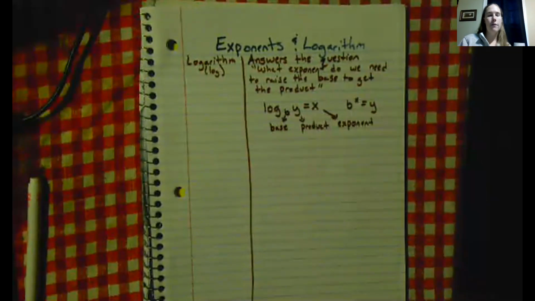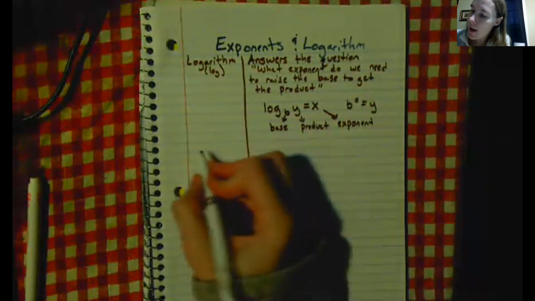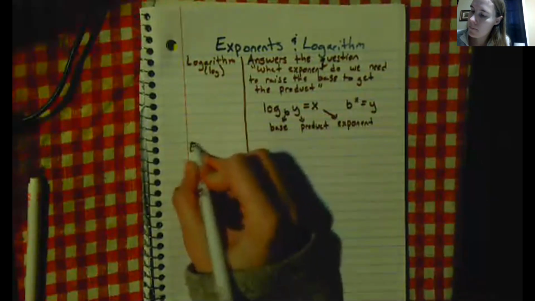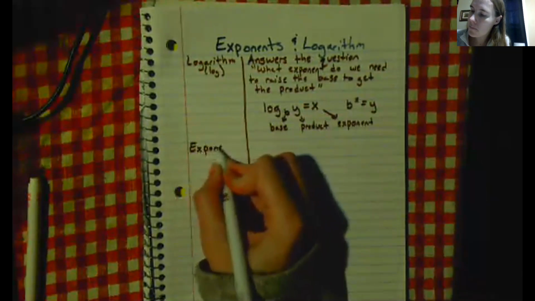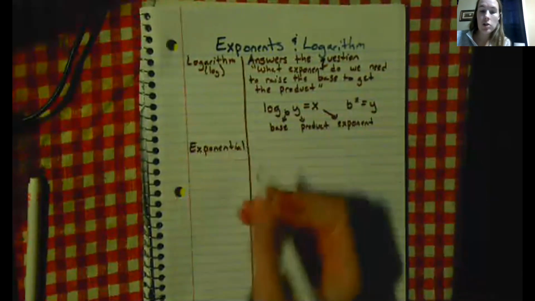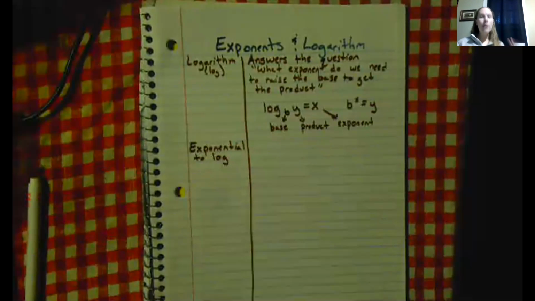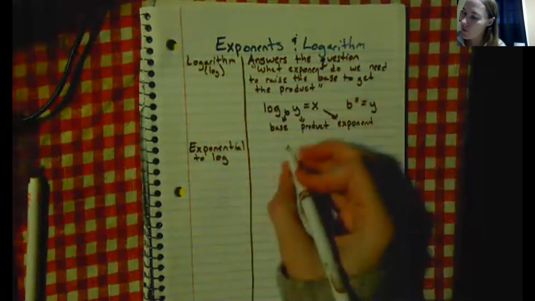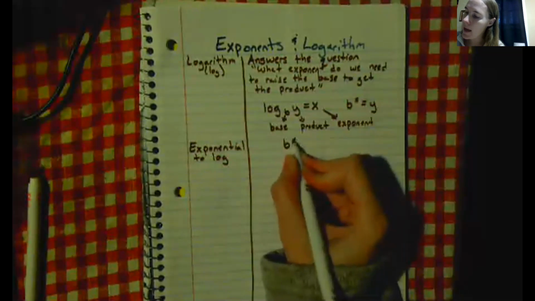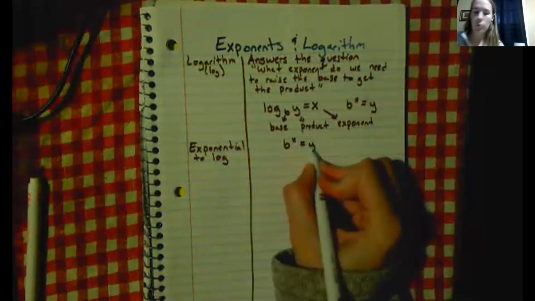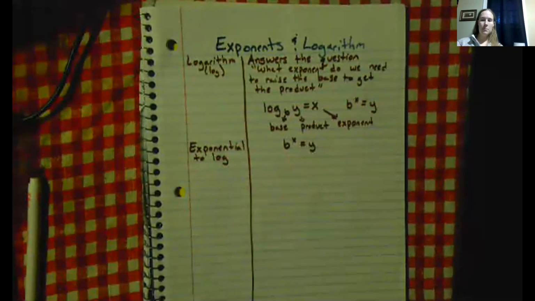So we're going to start first by changing exponential to log form because we're used to exponentials the most. So our exponential function is b to the x equals y.